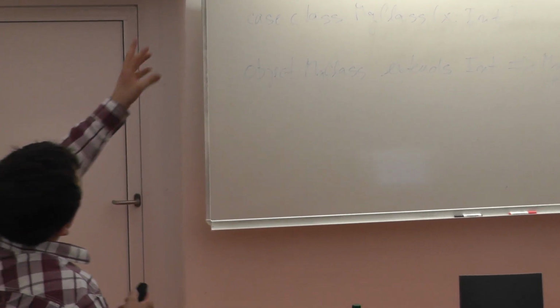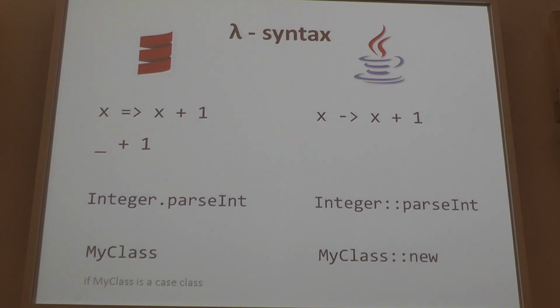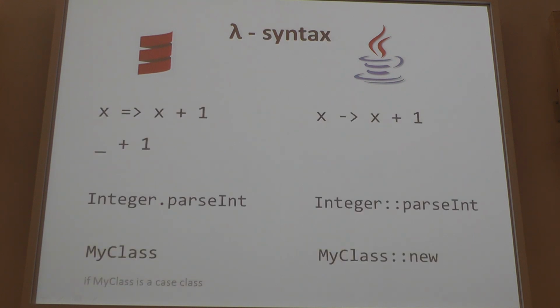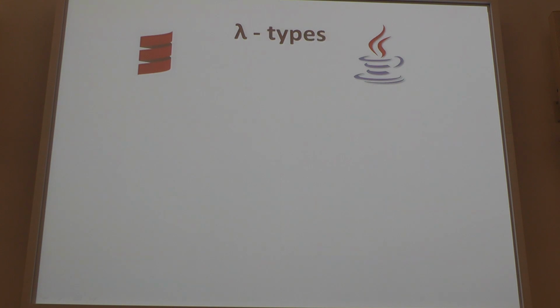So as we've seen here, these expressions don't say very much about the type, or don't say what type x is, for example. And that's something Scala and Java 8 have in common, and we'll look at what is the type of the lambda expression or the function.